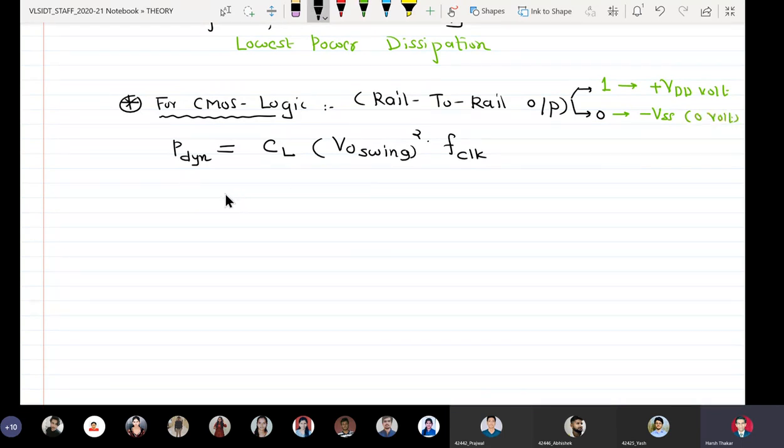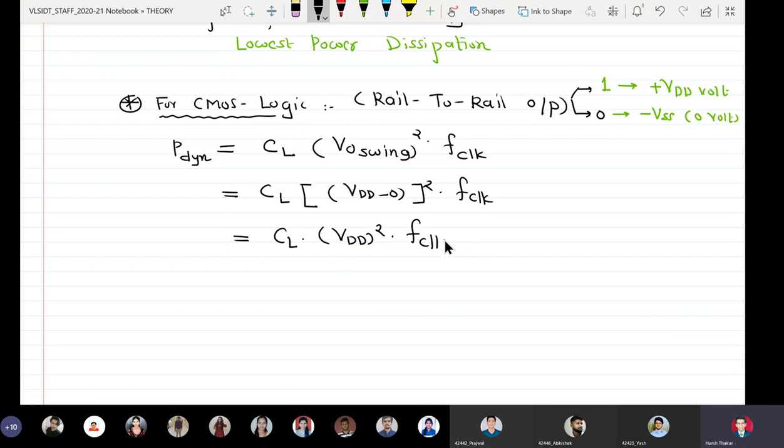That is why in case of CMOS logic family, our output voltage swing is actually VDD minus 0 whole square into FCLK. That is why we have CL into the supply voltage square into the clock frequency.